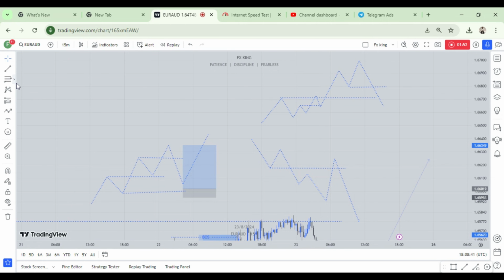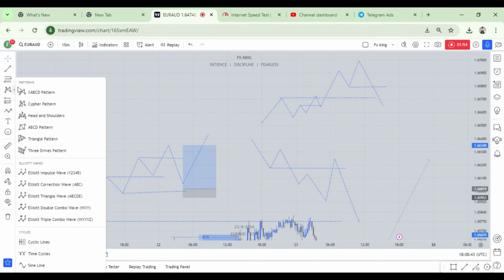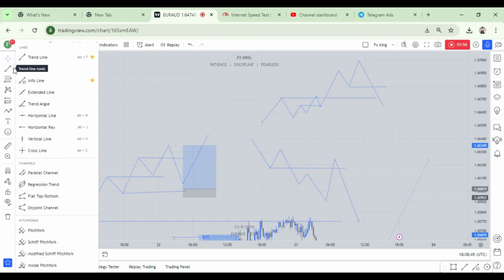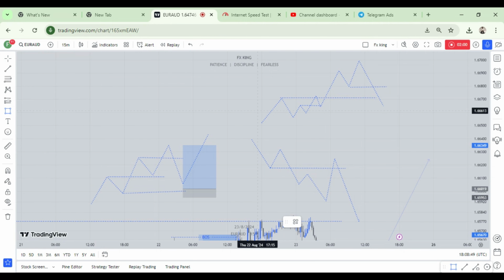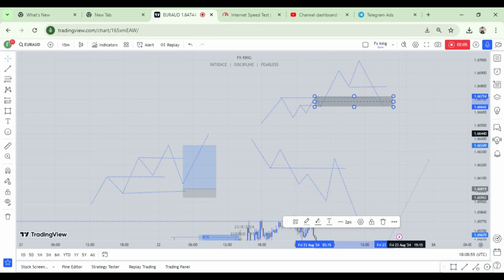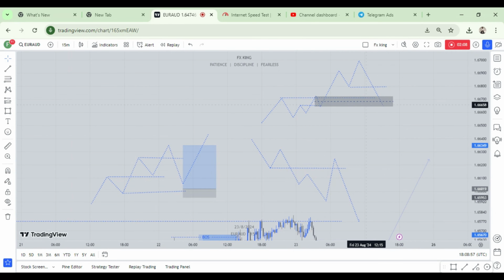So now we can highlight this order flow and look to take our entries from this order flow instead. We can look to refine this order flow and take our entry from it and continue.